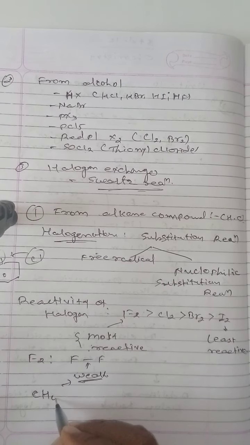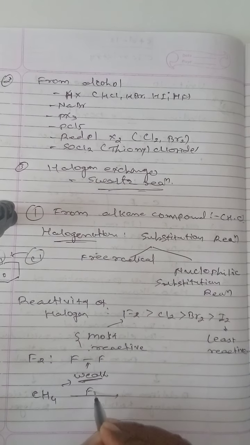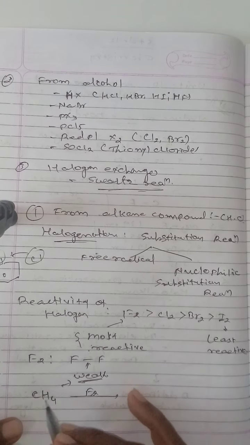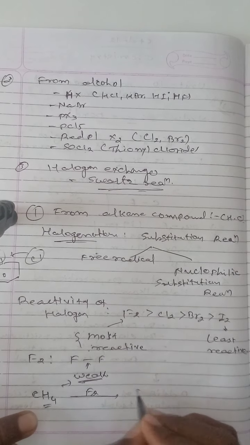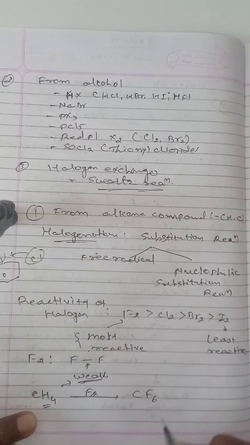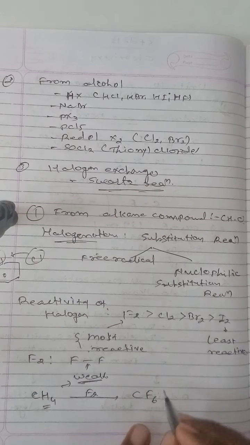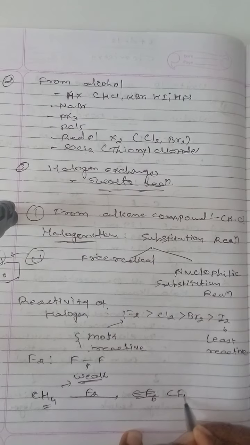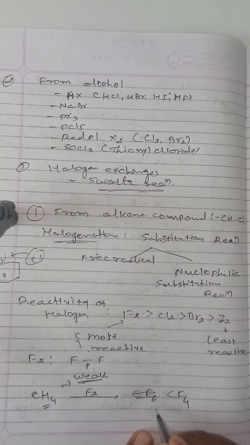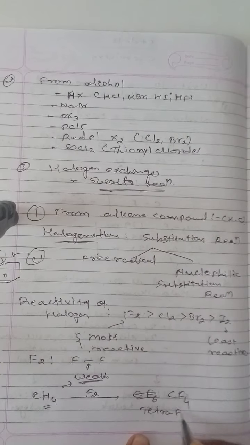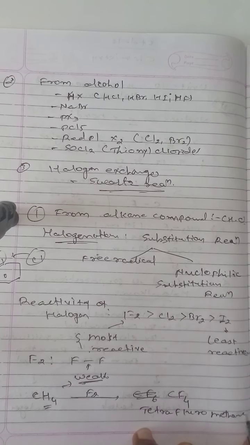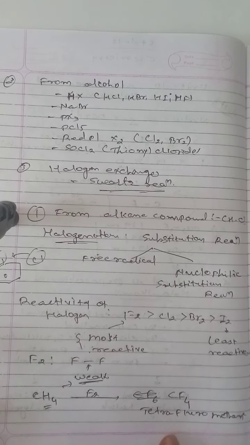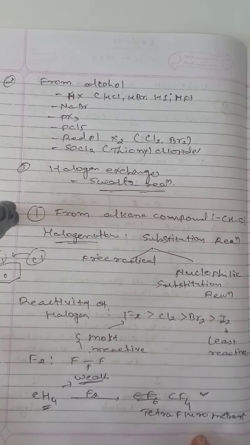Suppose methane on fluorination, all the hydrogen atoms are replaced by fluorine atoms, so we get direct fluorine compound, CF4, tetrafluoromethane. Okay friends, so here direct fluorination is carried out.